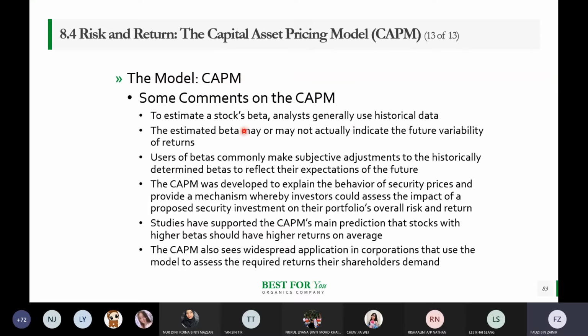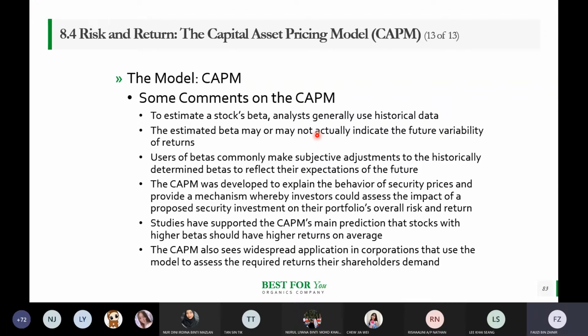Some comments on the capital asset pricing model, something that you need to take note of. To estimate a stock's beta, analysts generally use historical data. The estimated beta may or may not actually indicate the future variability of returns. So you can use the beta, but how good the beta is at estimating the future is something you need to look forward and analyze, and sometimes the changes in the company are very drastic.